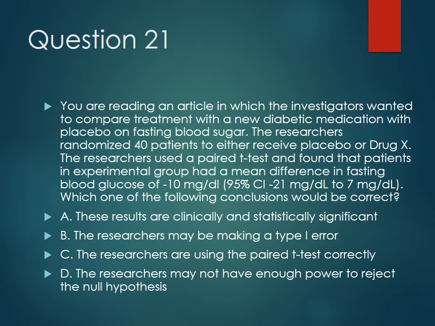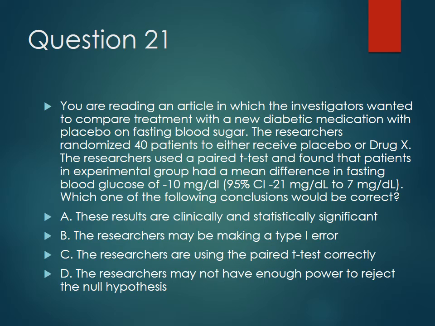A, these results are clinically and statistically significant. Based on this, you can already rule this one out. Because we are subtracting means from one another, you can see the difference between drug X and placebo. Because we're subtracting, anything where our confidence interval crosses 0, we use to determine non-significance.